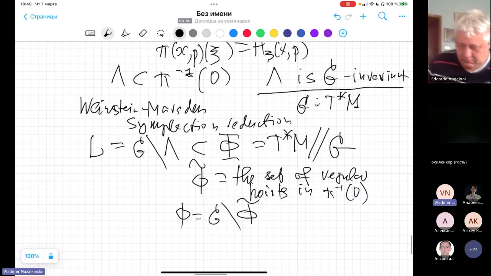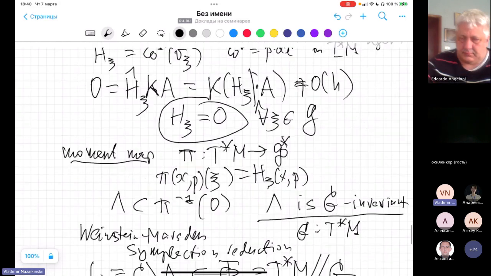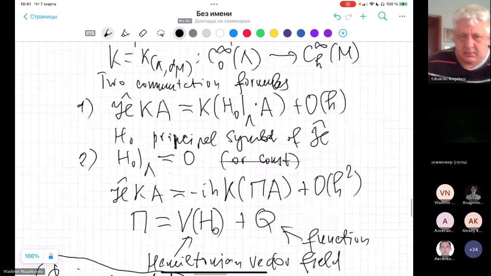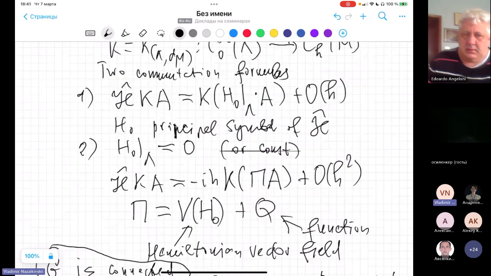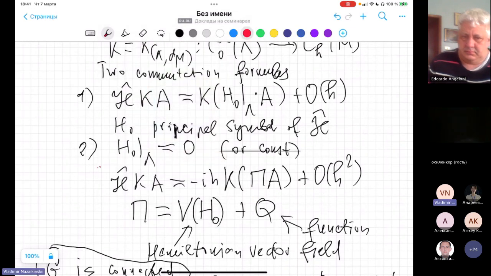But we have only so far verified the zeroth term in the principle, the leading term, and let us use the second commutation formula.